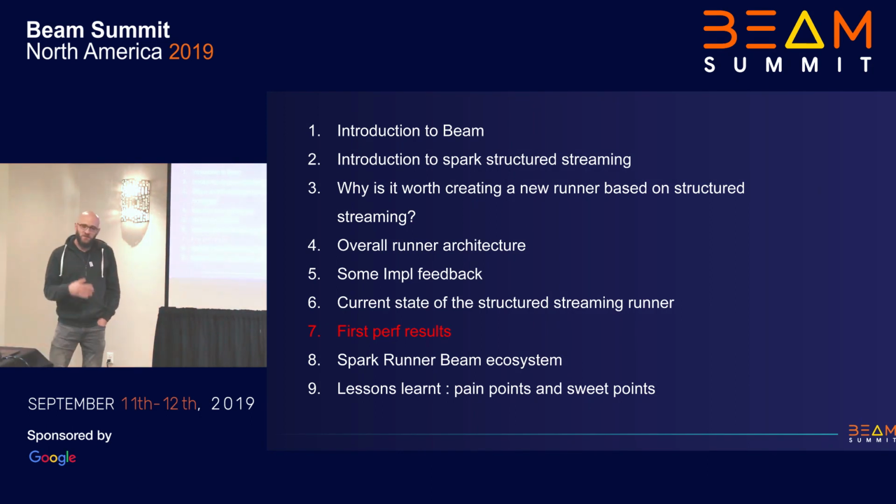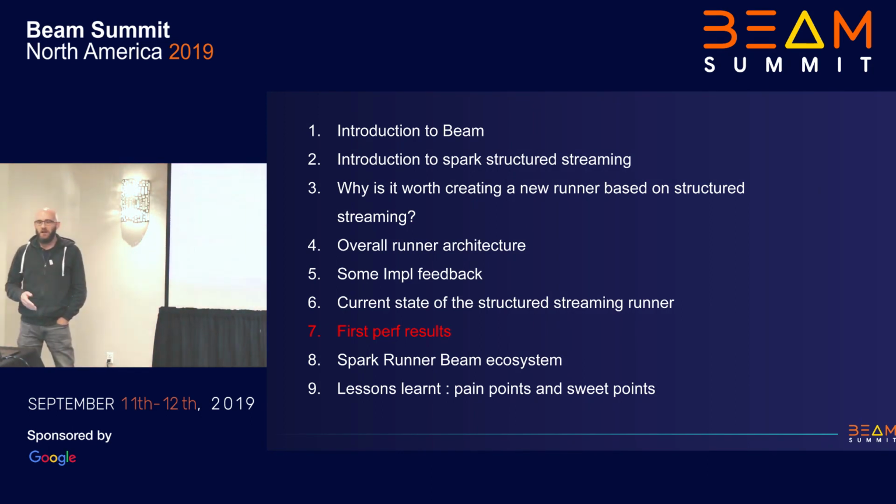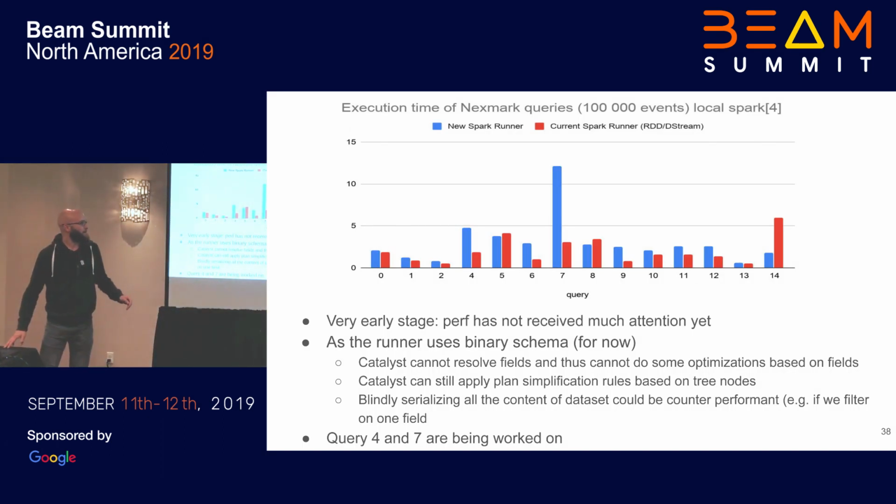So I wanted to give some first perf results. Actually, it's quite early. It's not a production-ready runner, so that's a very early stage, but I wanted to show you. This diagram is a Nexmark execution. So you remember, it's an auction system, you have some queries, you ask questions to the system.